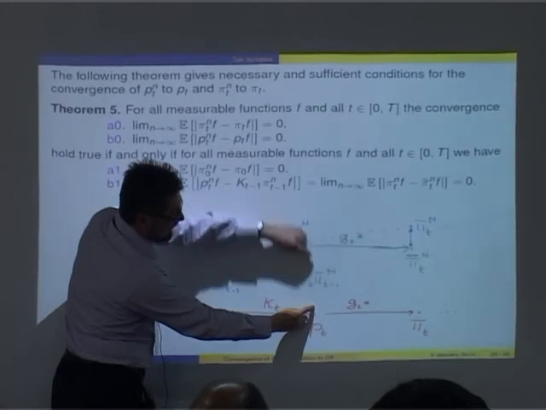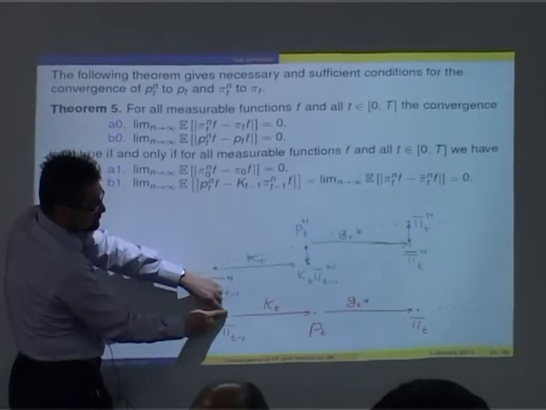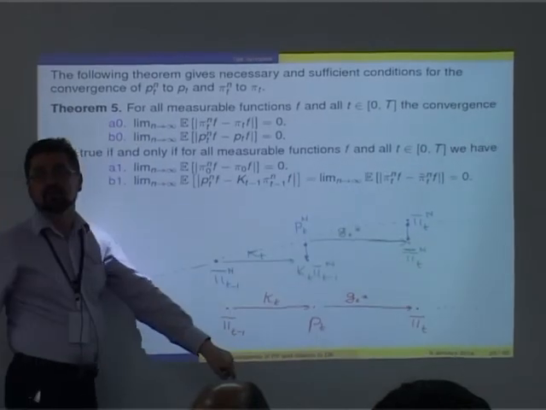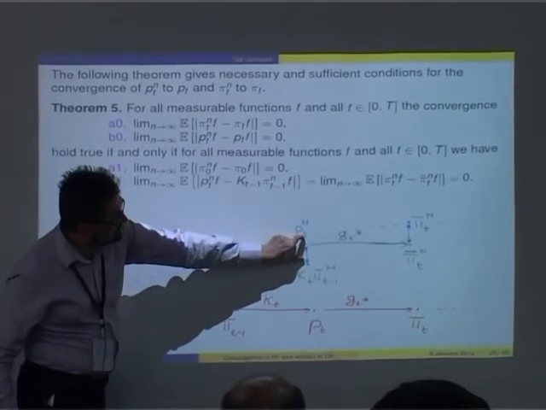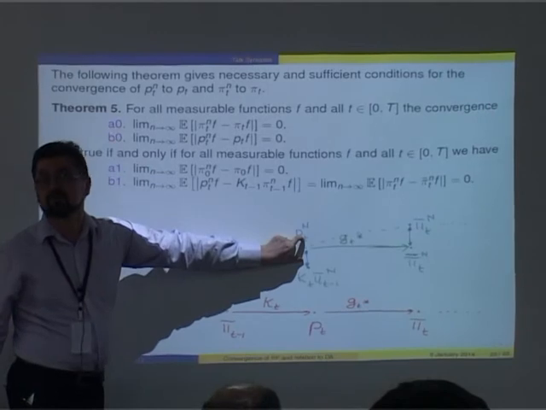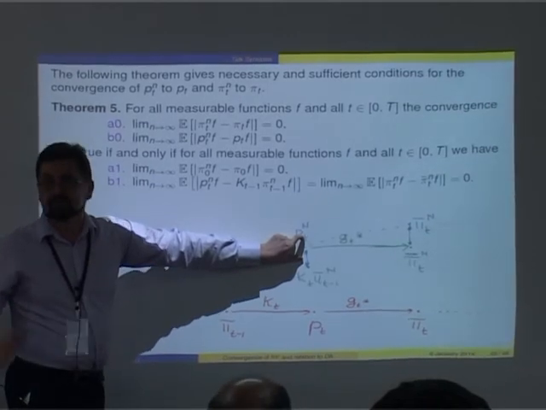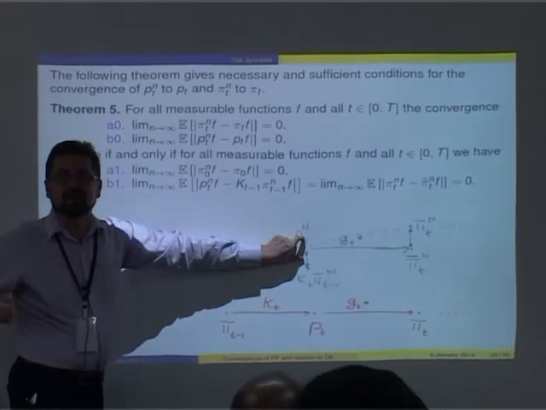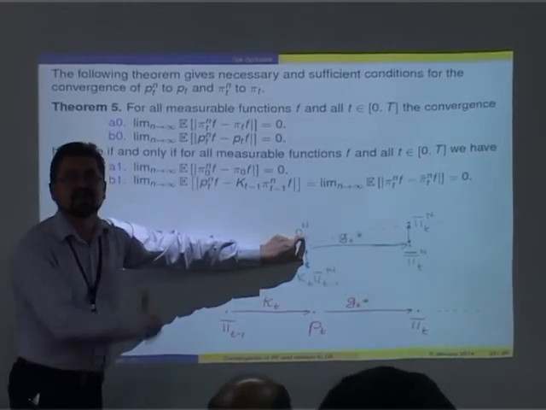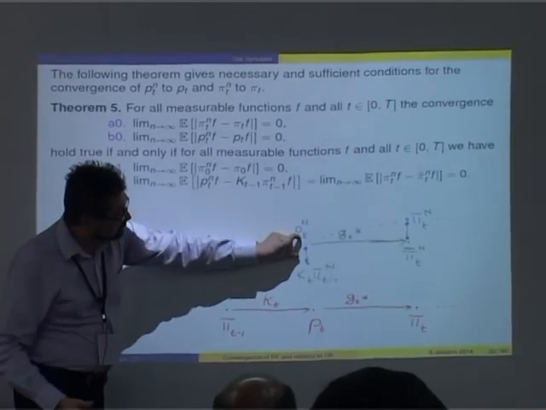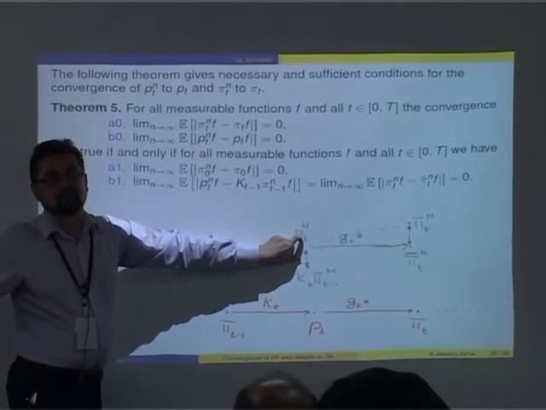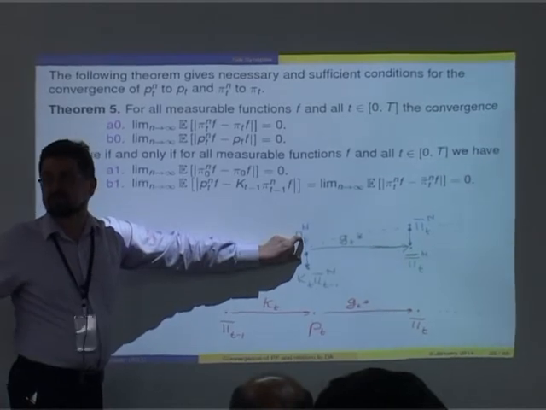If I know that this guy goes to 0 and this guy goes to 0, then this should go to 0. So the fact that this has to go to 0 is a necessary and sufficient condition. There's no way around. Okay? So if you have an algorithm that satisfies this picture, and if this is not satisfied, then you cannot say, oh, maybe it's still converging to 0, because this is a necessary and sufficient condition.